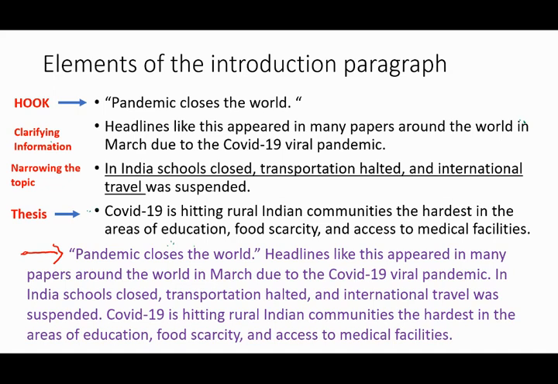If you wanted to expand this, you might add another clarifying sentence which explains what a pandemic is. So maybe before or after the headline sentence, like maybe right in here, you might put something like pandemics and just define it a little bit. Pandemics are illnesses which spread around the world.